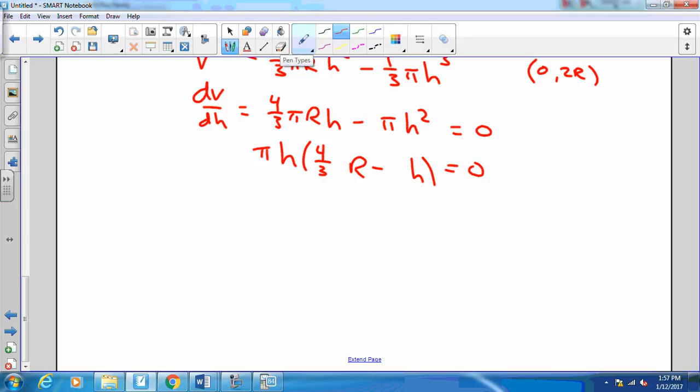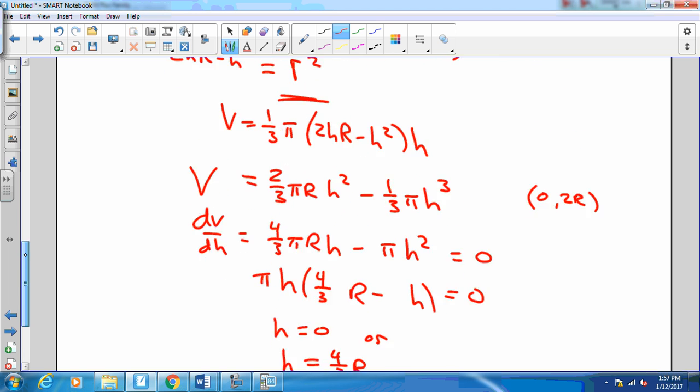And in fact, it makes a whole lot of sense to factor in pi as well, right? So that either h is equal to 0, that's a critical point at the end of the domain right there. Pretty obvious, if h is 0, it corresponds to a volume of 0. That's a minimum. Or h is equal to 4/3 R.